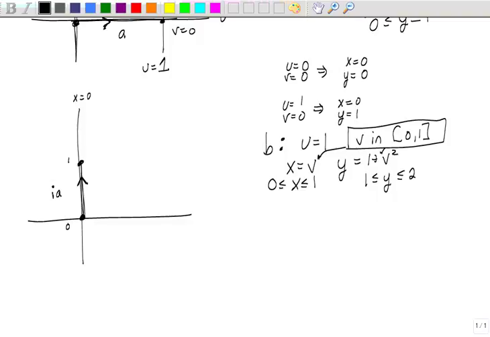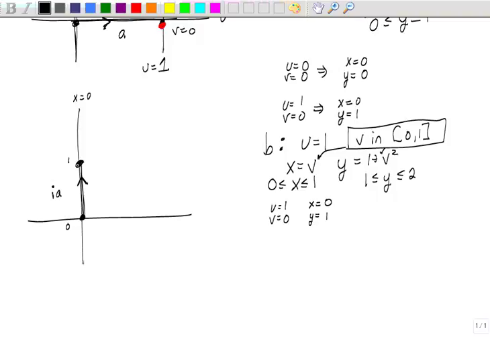So we're going to start it out at, no, I'm sorry, at 0, 1. So when u is 1 and v is 0, I get 0, 1.